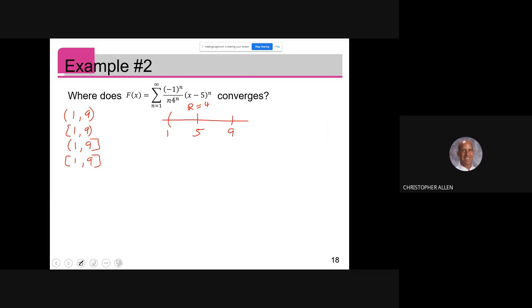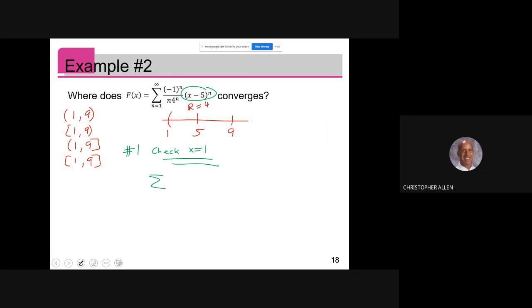So let's check. I'm going to do 2 checks here, all right? So here's number 1. Let's just do the left side. So that's going to be x equals 1. Let's check x equals 1. If x is 1, that means this is going to become the following.